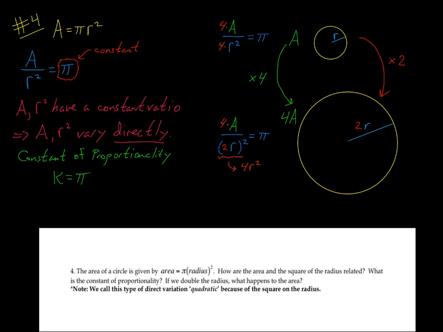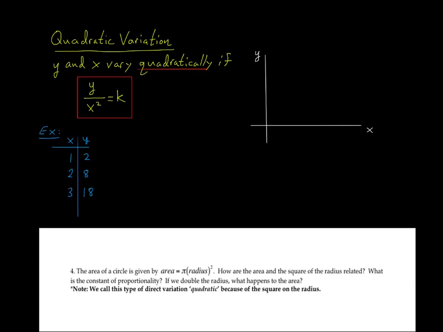Now this kind of relationship where we have a square involved is known as quadratic variation. More generally, we're going to say that y and x will vary quadratically if not the ratio of y to x, but the ratio of y to the square of x is a constant.